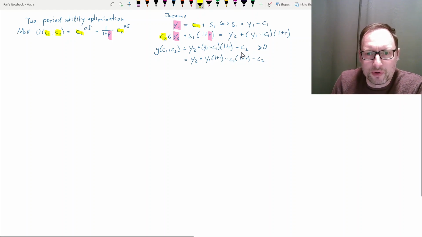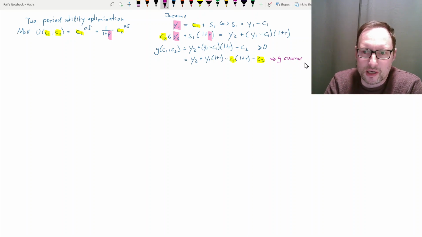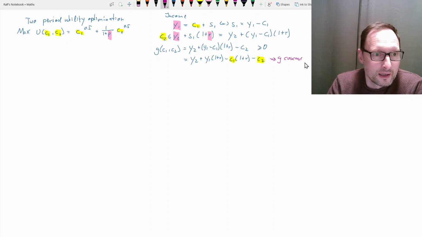Remember, our variables are c2 and c1, and you can see that this function is linear in c1 and c2. So we already know, and that's important for later, that the g constraint is concave, as every linear function is concave as it is convex.